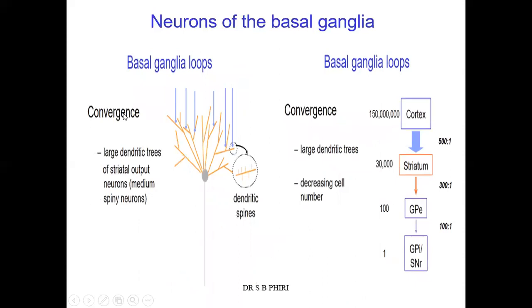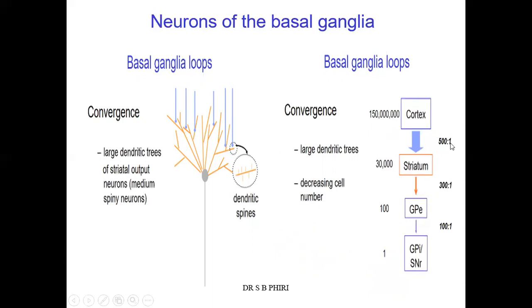Okay, so this is the convergence that I was talking about. You can see you have the medium spiny neuron here of the basal ganglia that is communicating with several neurons that are descending from the cortex. So you can have 150 million neurons that are communicating with only about 30,000 neurons of the striatum. So the ratio here is 500 to 1.